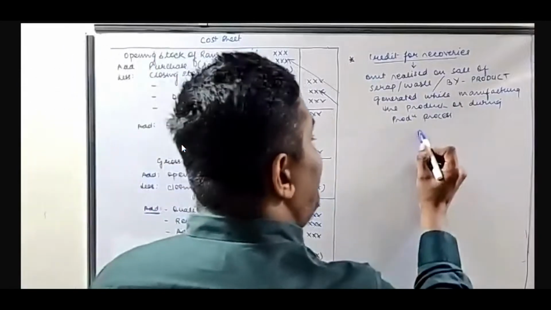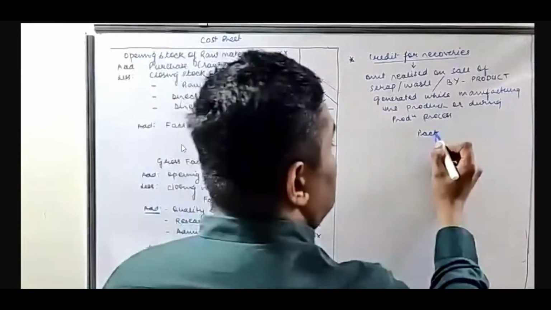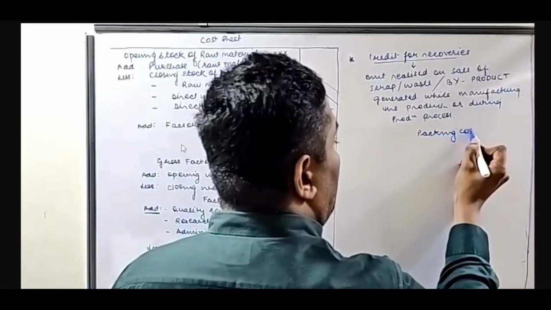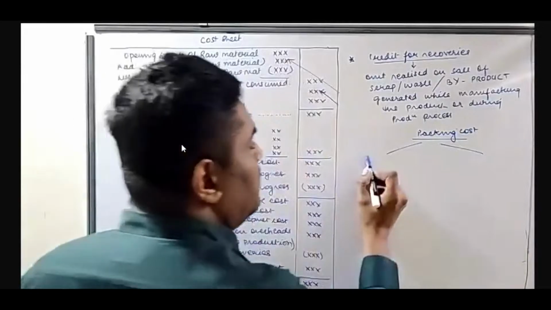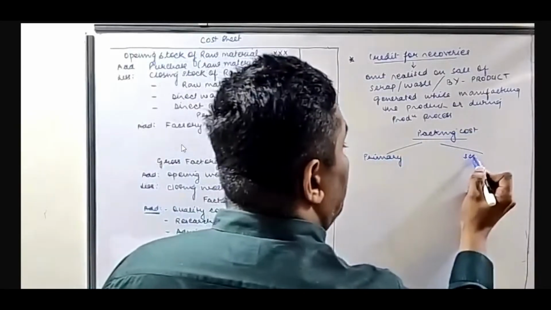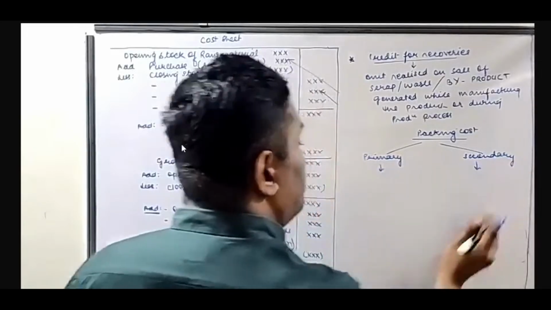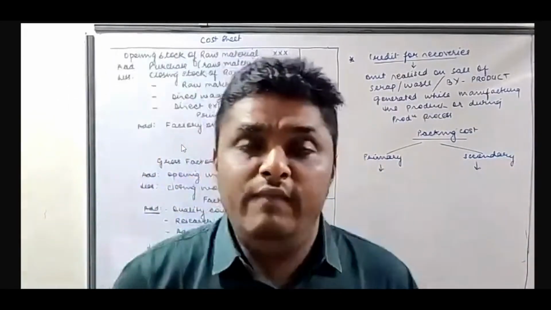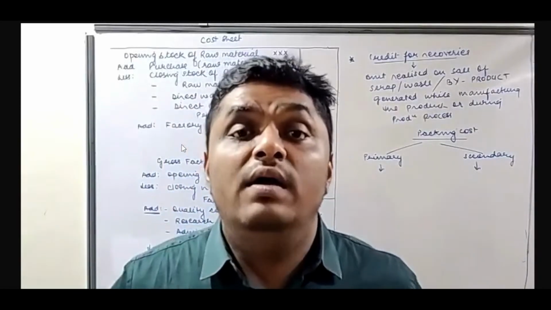Now, when talking about the packing cost, the last point is the packing cost. It is classified in two parts, that is primary and secondary. Now, when talking about the primary packing cost, see, this packing we can't avoid.